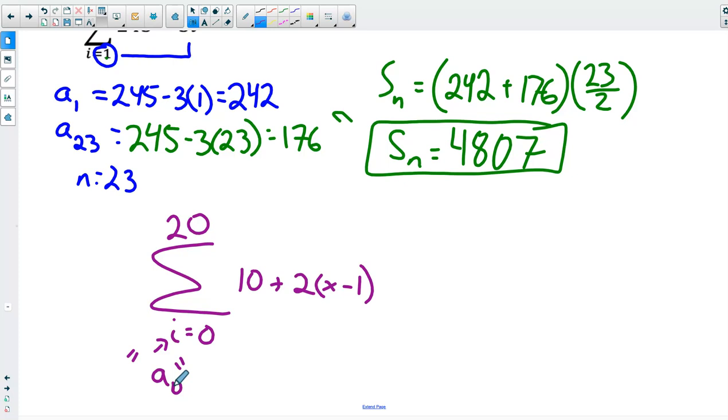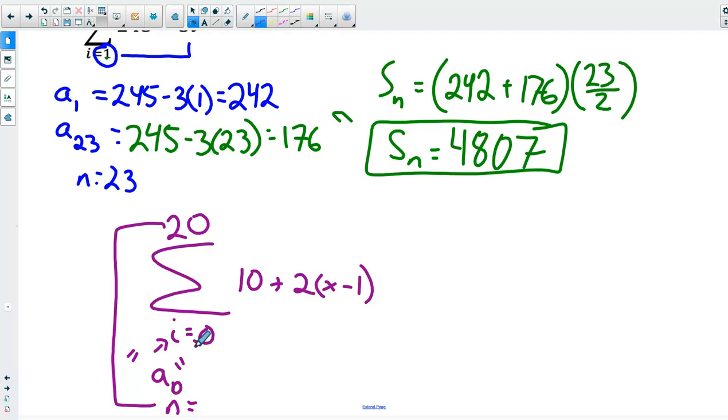The other thing we've got to watch out for is n. In all the other problems, and 90% of your problems are going to be like what we had done, however, there might be an extra credit problem that's not like that. We've always said that's 20, or whatever that top number is. But if I'm looking at 0 right here, if I start at 0, how many terms do I actually have?